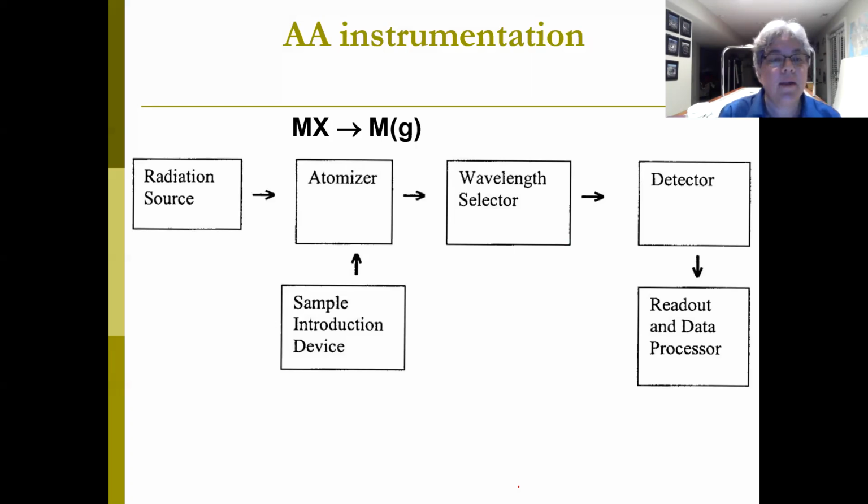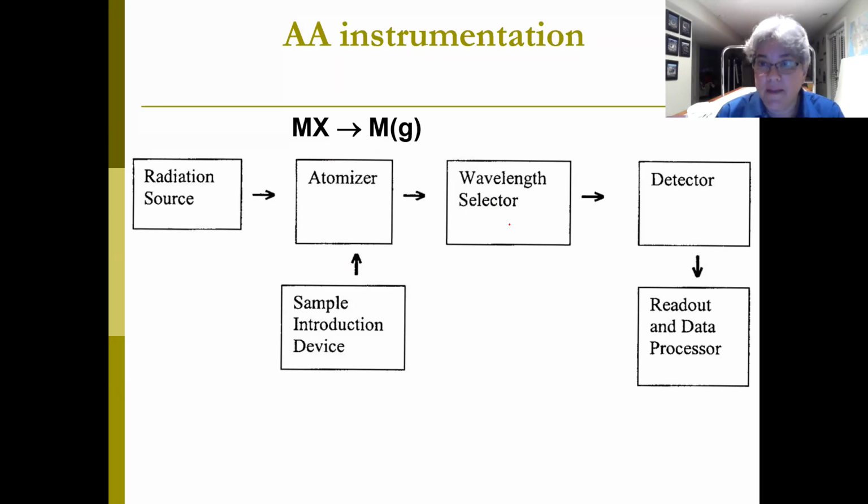Okay. All right, so remember, for any kind of spectroscopy instrument, we said we have these four basic parts. We have a radiation source, so we're going to have that for this. We have a sample holder. Now here the sample holder is going to look quite different. We have to get the sample into the instrument, and then we have to atomize it, turn it into a single atom in the gas state.